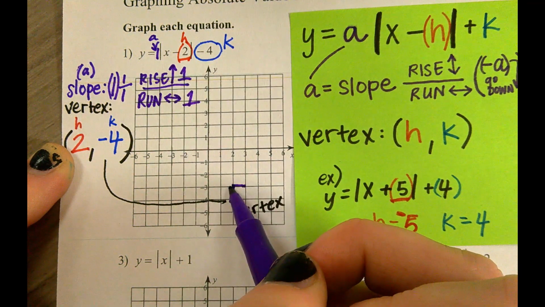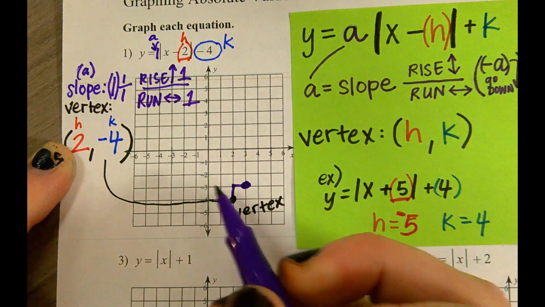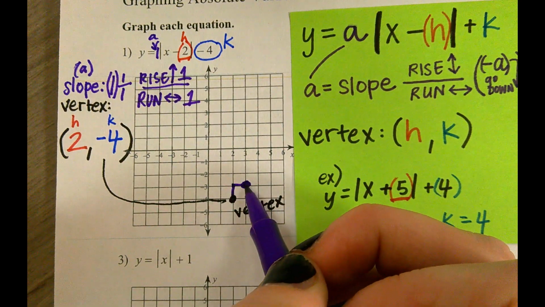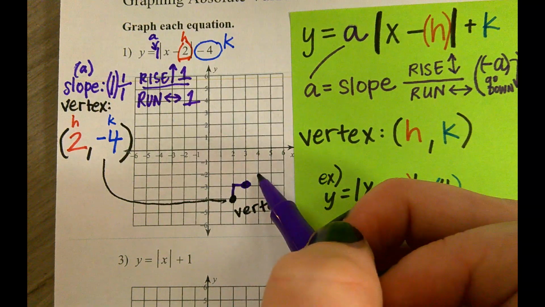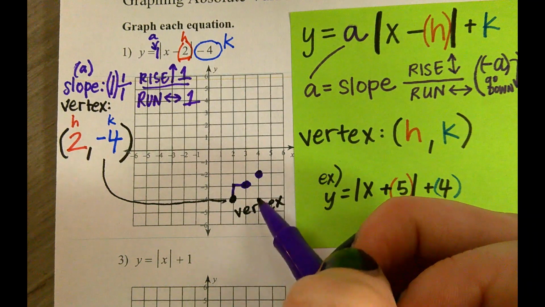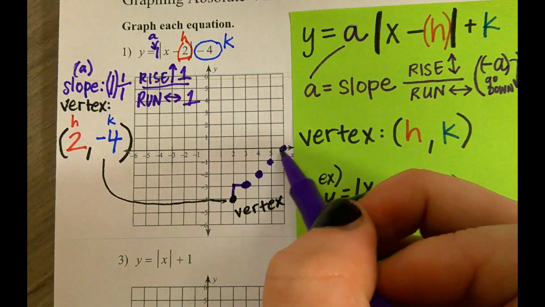I just went up 1/1. That's my next point. Then we can go again, up 1 again, over 1 again. We can do this as many times as we want.